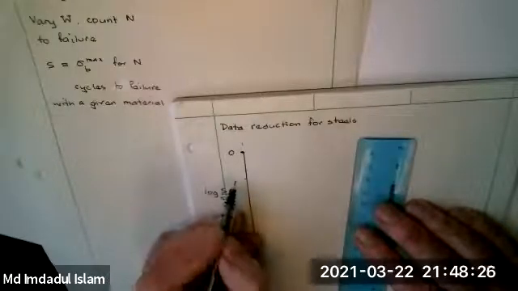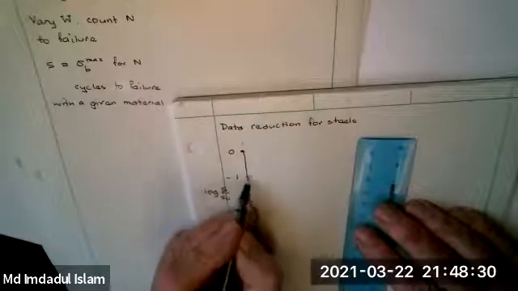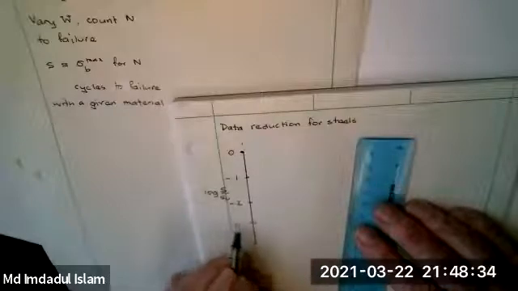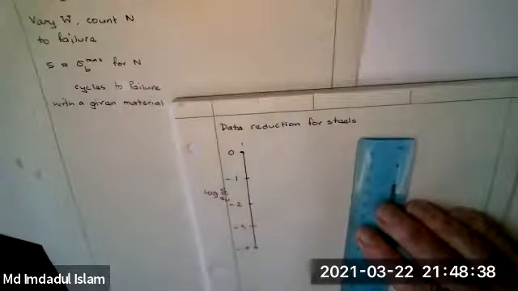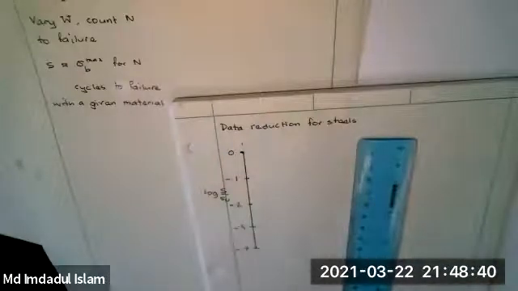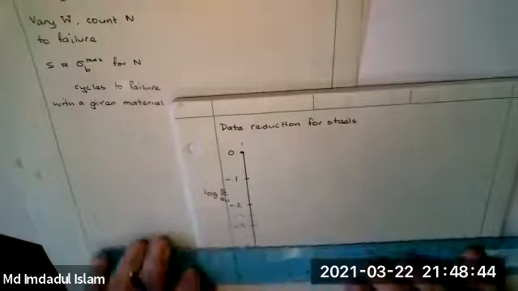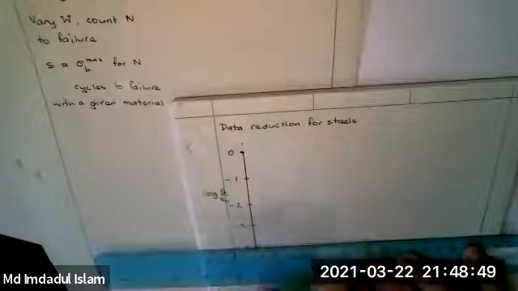So on this scale here, and that's about all we need. Okay. And along this axis here, we're going to take log of N. N is just a dimensionless number.